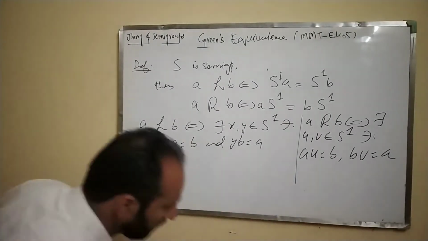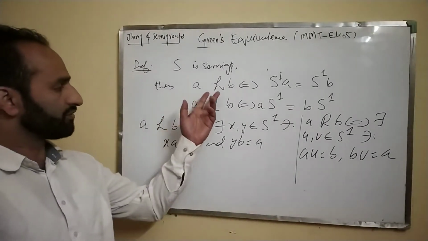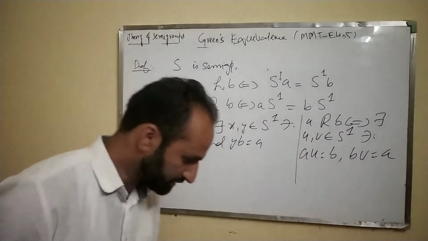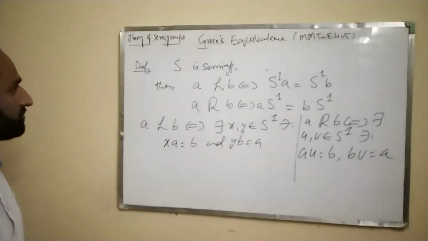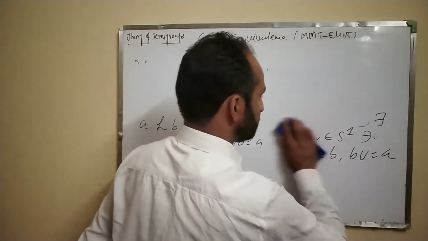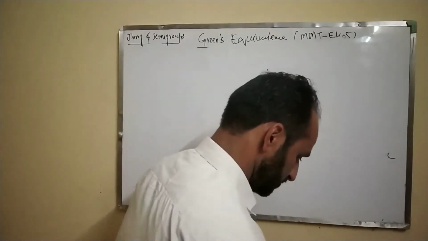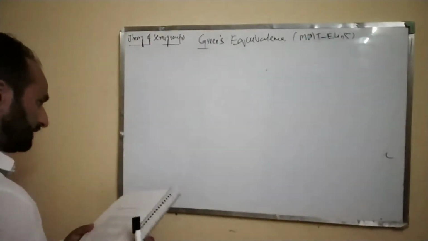Now today we will show that this L relation is a right congruence and R relation is a left congruence. That's what we have to see. So let's state this theorem.